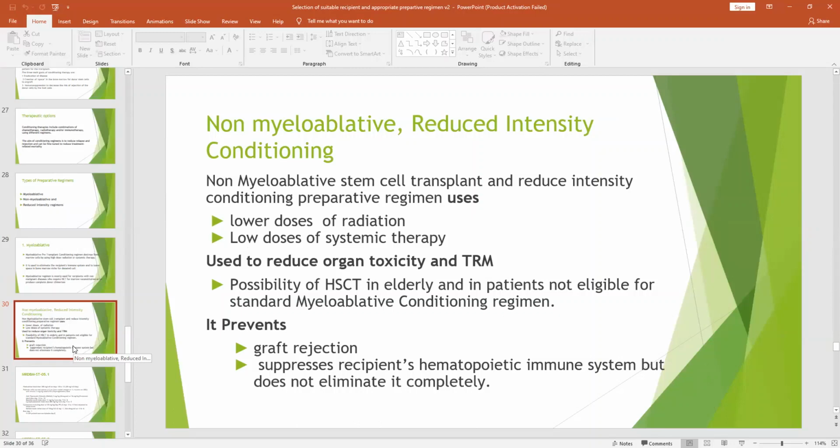It makes hematopoietic stem cell transplantation possible in the elderly and in patients not eligible for the standard myeloablative conditioning regimen. It prevents graft rejection, suppresses the recipient hematopoietic immune system, but does not eliminate it completely.